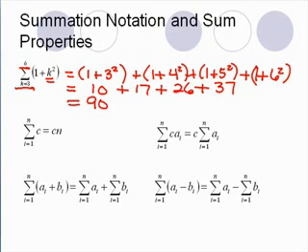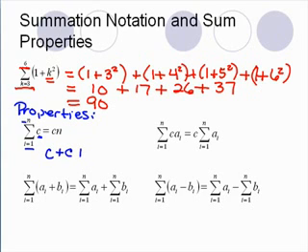So a few properties of summation notation. If you have the sum from i equals 1 to n of a constant c, that's just going to look like c plus c plus c, and you're going to sum it n times, so it's c times n.